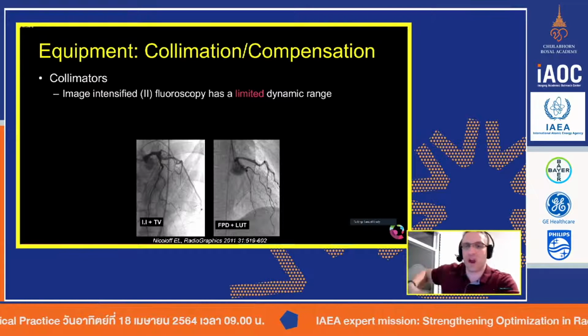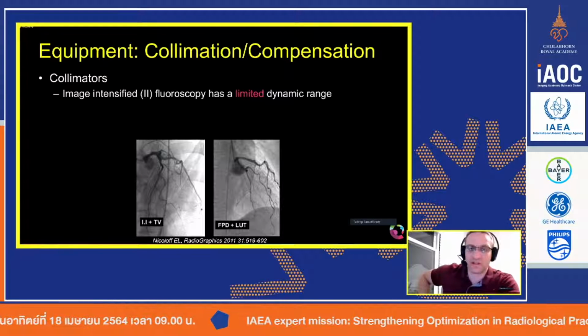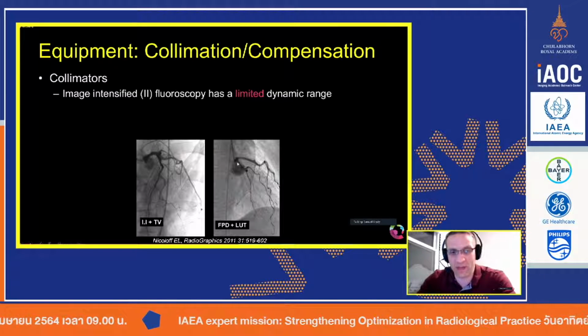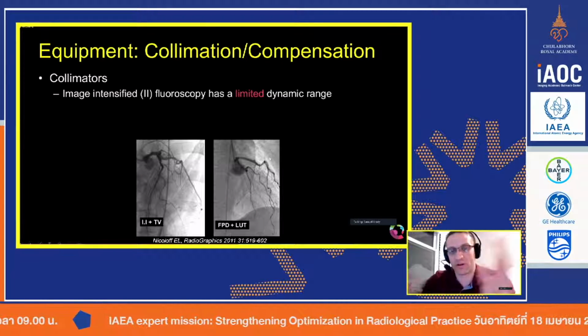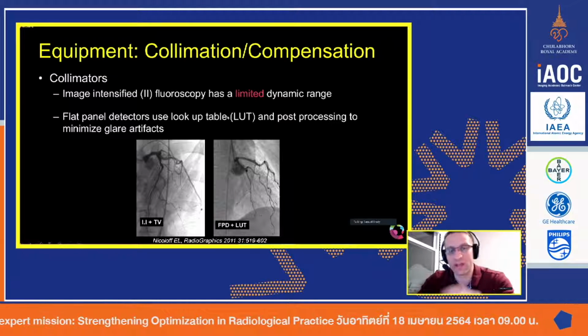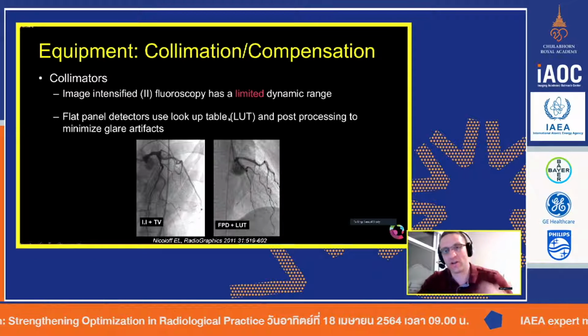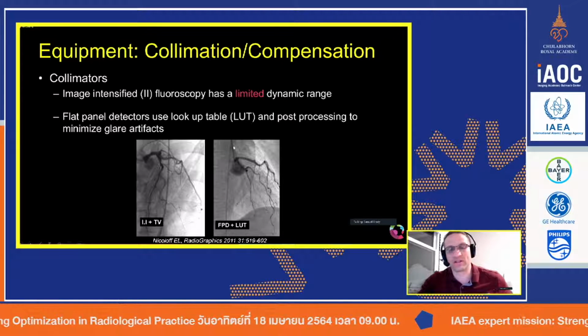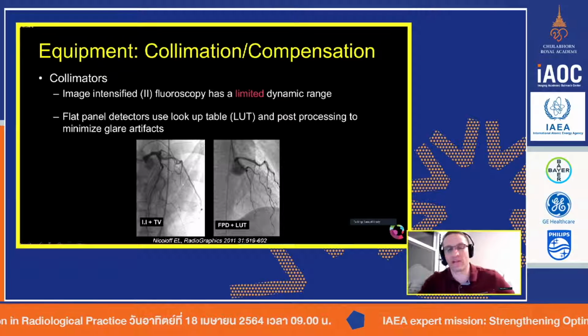So there is air where there's nothing between the detector and the X-ray tube. Whereas in the flat panel detector, you have a better dynamic range. And that is purely based on the fact that we can digitally change the post-processing on these flat panel systems differently than we can on the II.